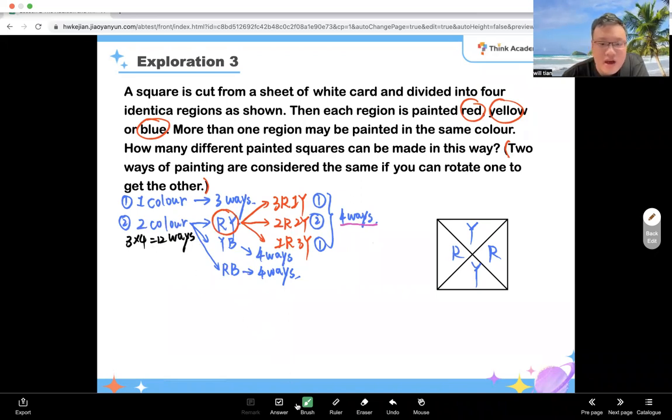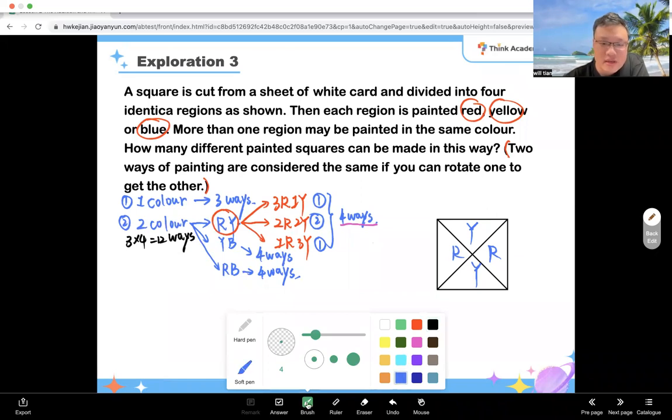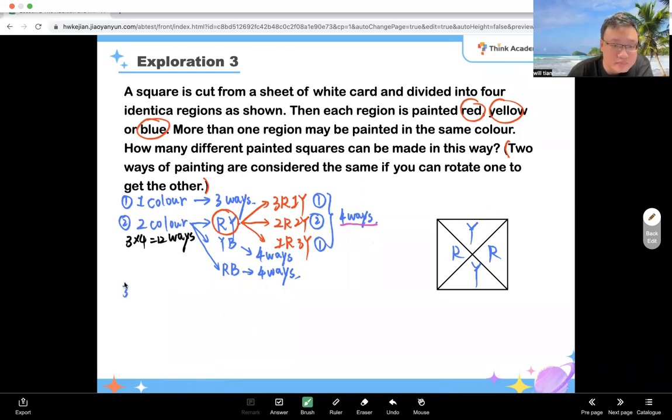And now we're gonna move on to the last type, which is 3 colors. What if we choose all the 3 colors? Okay. If you choose 3 colors, let's see how many ways that we can choose it. So basically, if you choose 3 colors, you have to make sure each of the color you have at least 1 of that, right?